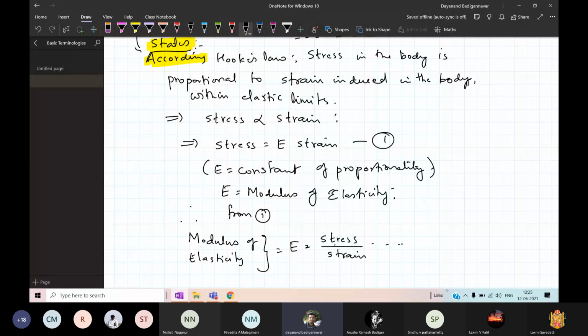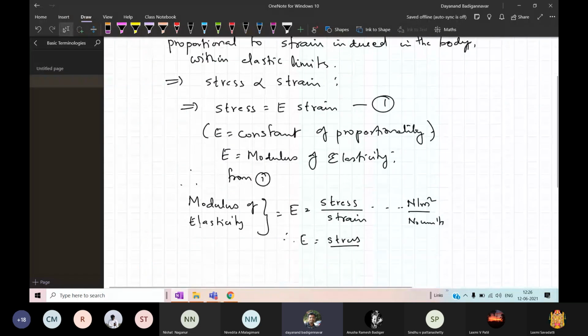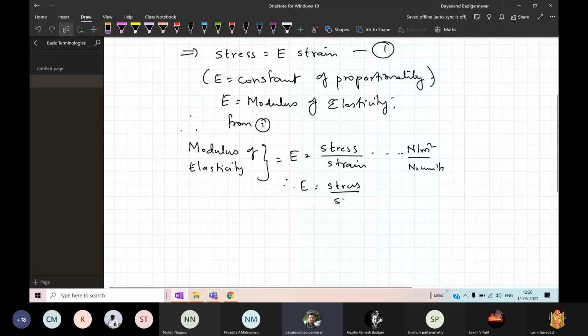Now look here, the stress has a unit of Newton per meter square. Strain doesn't have any unit. Therefore, the value for E, that is stress by strain, will have the same unit as the stress, that is Newton per meter square.